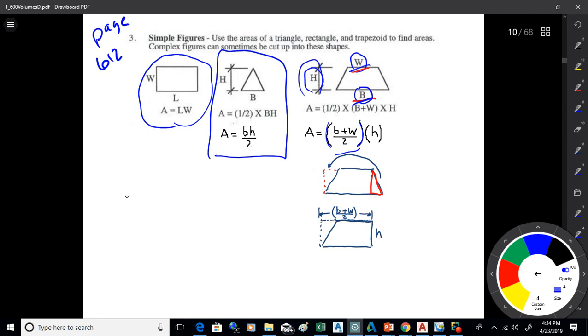What we're doing with that formula is we're taking a triangle off of one side, flipping it, and putting it on the other side, and that gets us a rectangle. The average dimension here would be the original b plus the original w over 2. And then you multiply that by the height, and that gets you the area. That formula is on the left-hand side of your formula sheet.